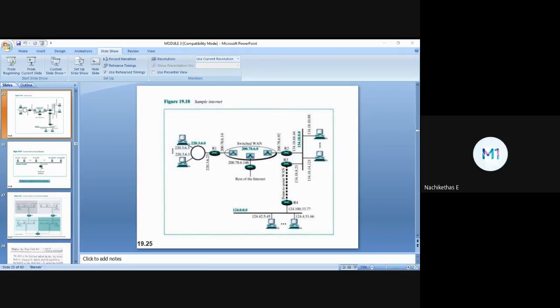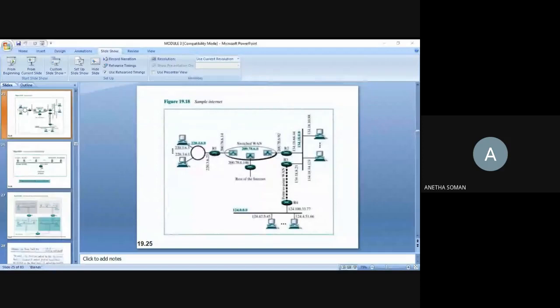Subnetting is the division of a network into many small networks. Yes, division of a network into small networks. And I have told the advantage of subnetting. Two advantages, very, very important.